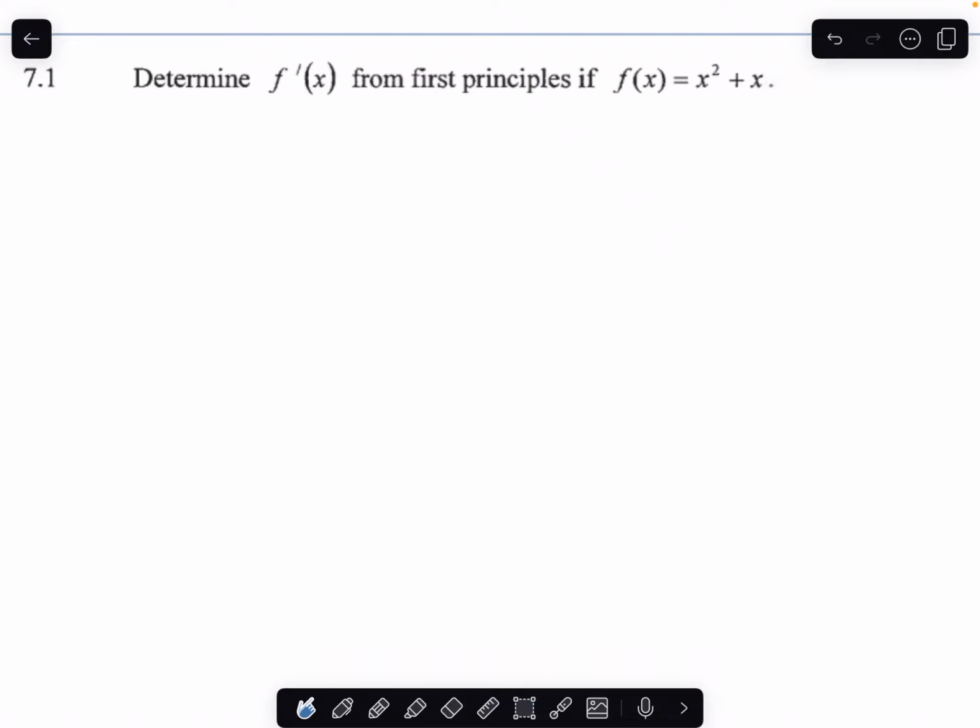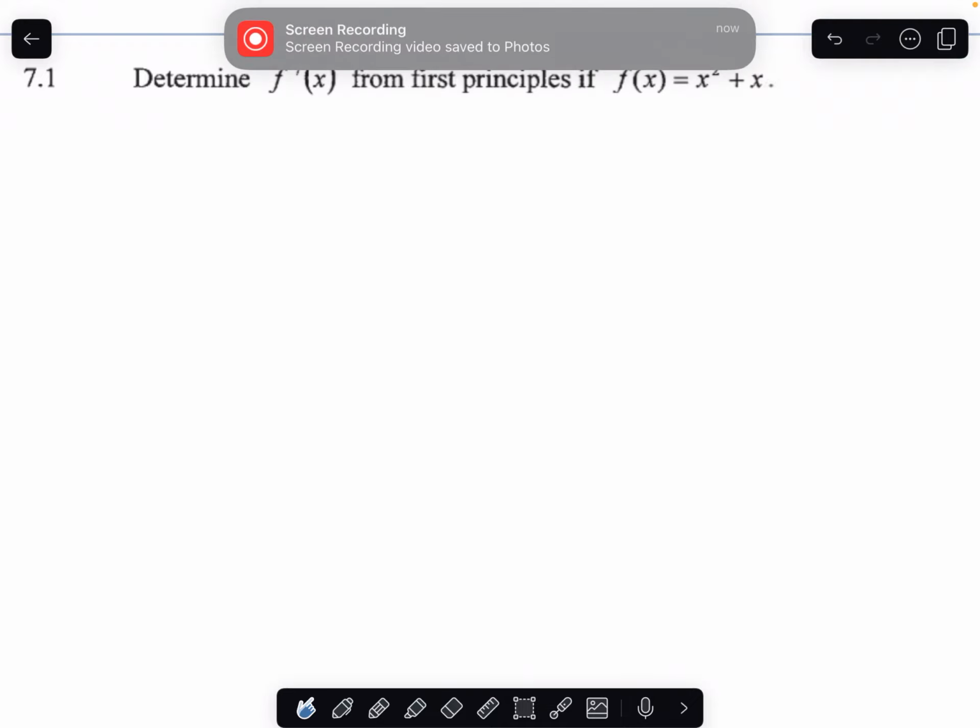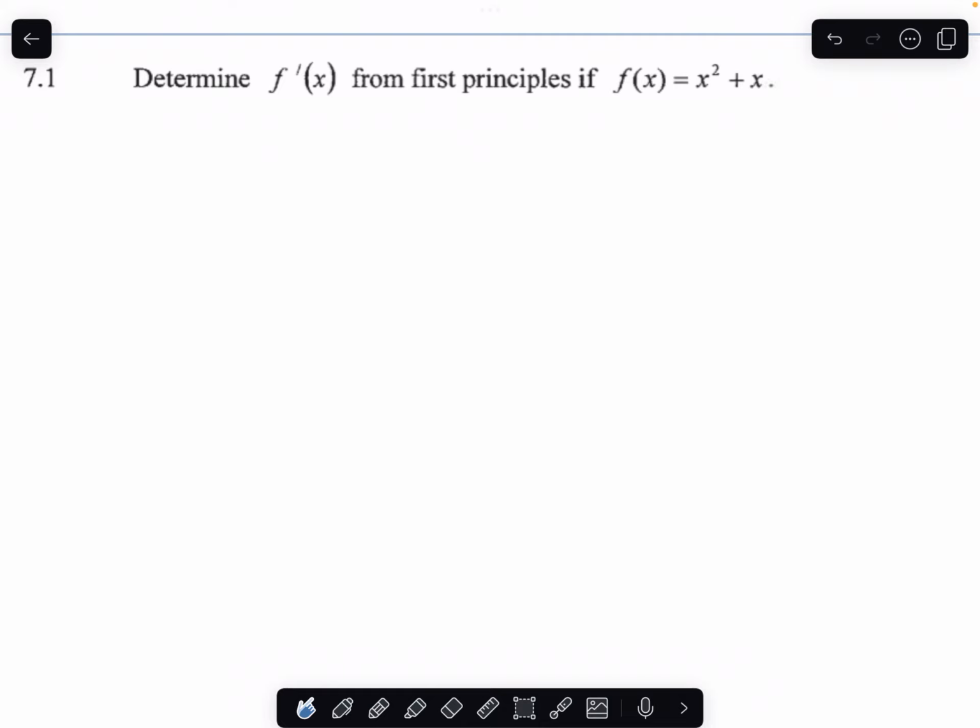Today I am looking at question 7.1 from paper 1 of November 2022 from the department. Differentiating from first principles is not something I've seen used in a bizarre way, but I did just want to have at least one video showing the gist of how it works.